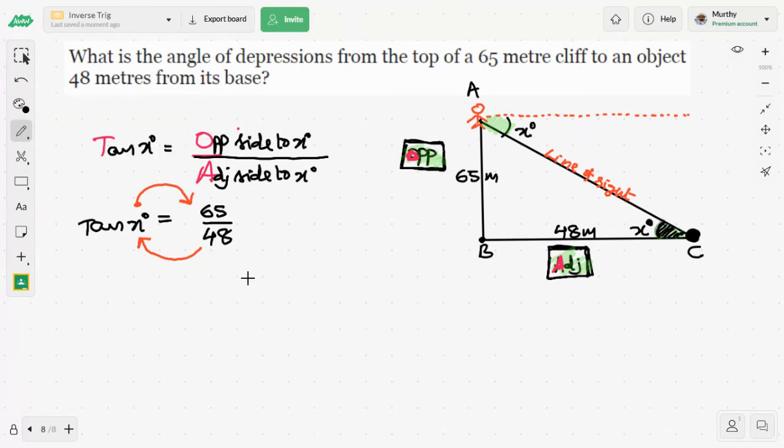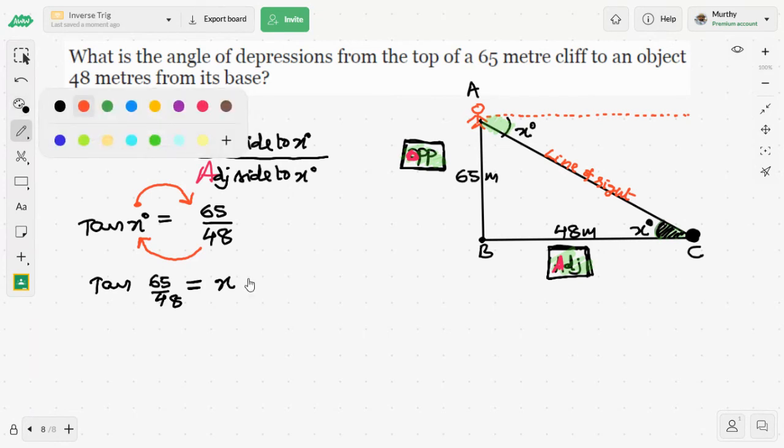When you do that, you get 65 over 48 coming to the left side of the equal sign, and x going to the other side. Don't forget, in this process you have to include the inverse of whatever the trig ratio is there.